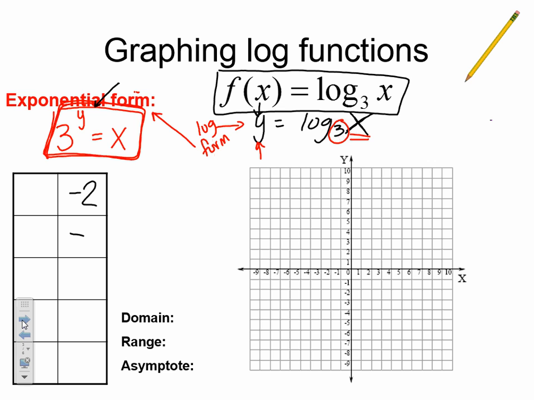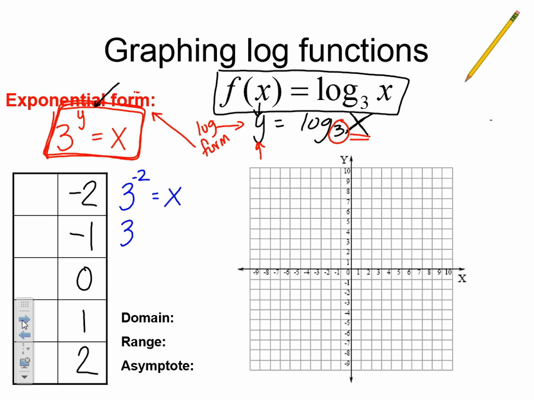They're going in the y column. This is the first type of function that we've done where we're going to plug in values for the y, because its exponential form has a y up there for the exponent, okay? So what we do then is we go ahead and plug in 3 to the -2, and that's going to tell me what the x value is.